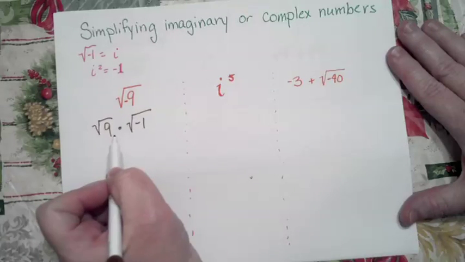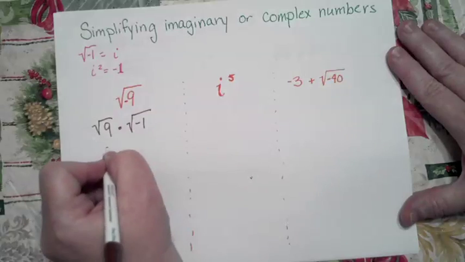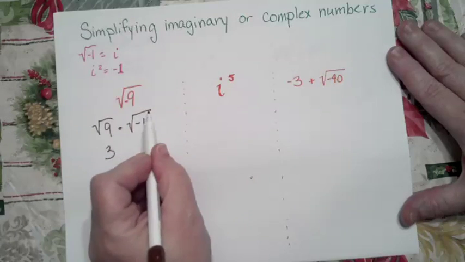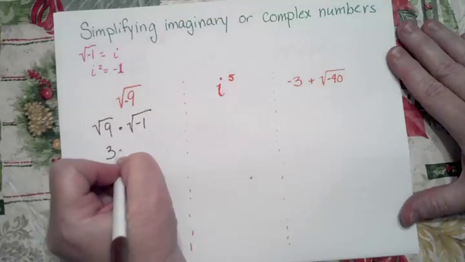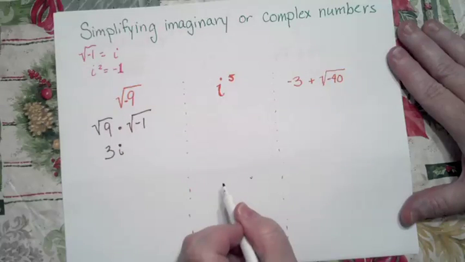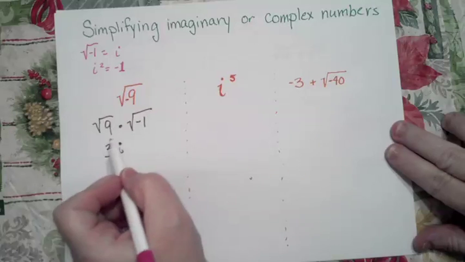And when we do that, we know what the square root of 9 is. I'm hoping you all know what the square root of 9 is. That's 3. And we know also that the square root of -1 is i. So I can rewrite that as just 3i. And that is the simplified version of the square root of -9.